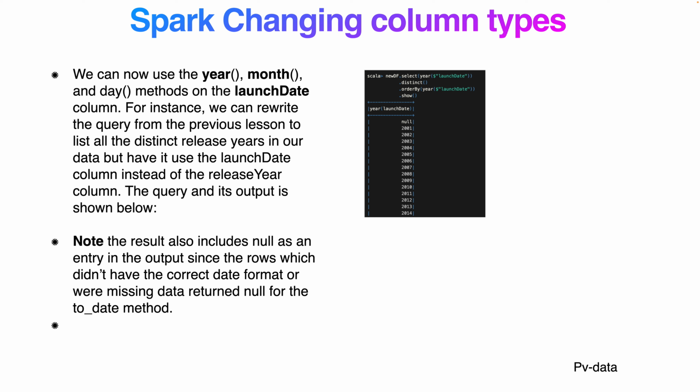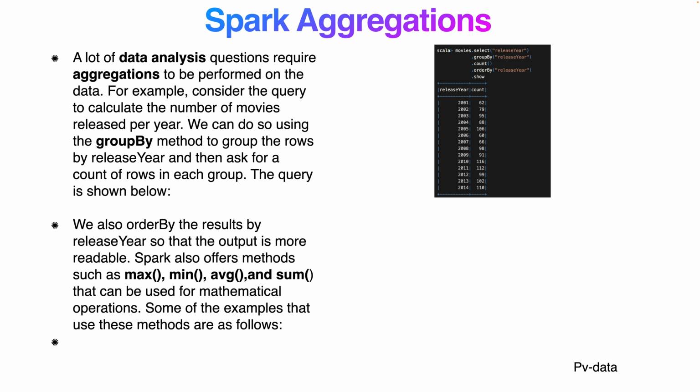So we are getting years from dates. If you have a date type, you can apply various date operations to extract values like year, month, day. The result also includes null as an entry in the output, since the rows that did not have the correct date format returned null.